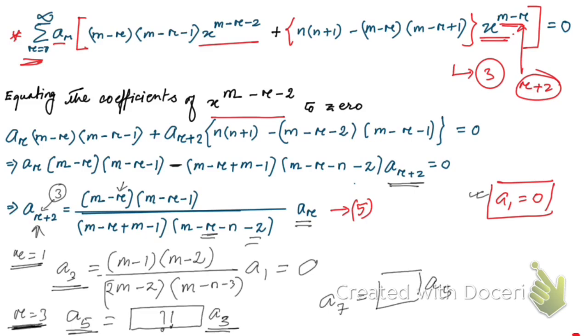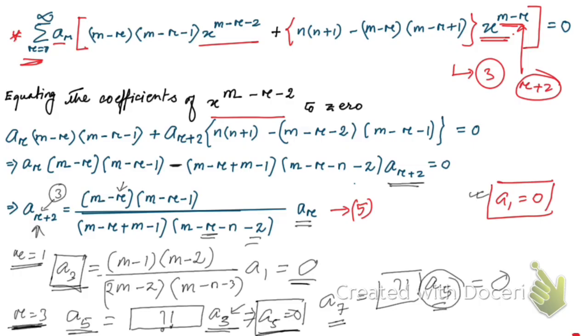And these terms will be 0, because as we are getting here a3, and I have already shown here a3 is equal to 0, so similarly this a5 will also be equal to 0. Now as we have got here a5 is equal to 0, when you find a7 something into a5, then as a5 is equal to 0, a7 will also be equal to 0.